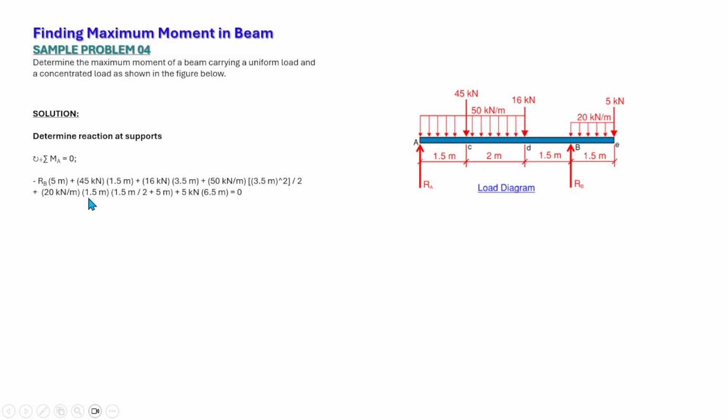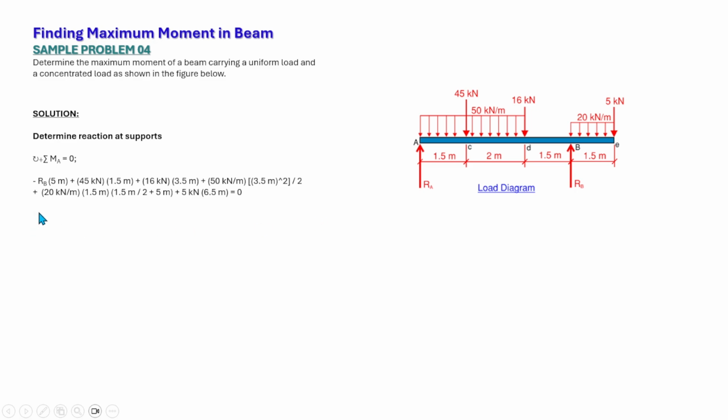Plus 20 times 1.5, that is the uniform load at the cantilever end, times the moment arm, measured from the center of the uniform load to point A, which is equal to 1.5 divided by 2, this one here, plus 5, plus 5 kilonewtons times 6.5. That's the lever arm from point A to E. Total length is 6.5 and that is equal to 0.